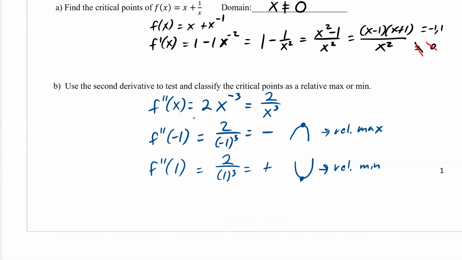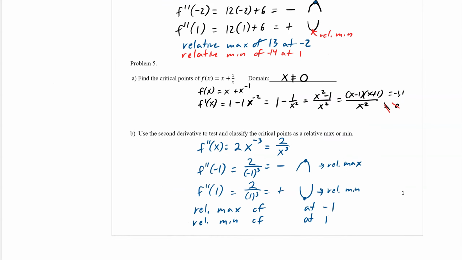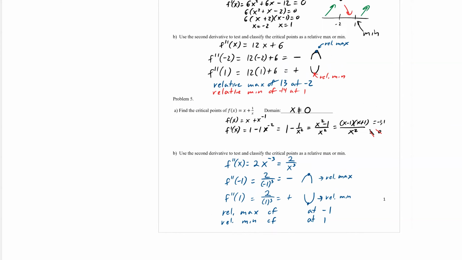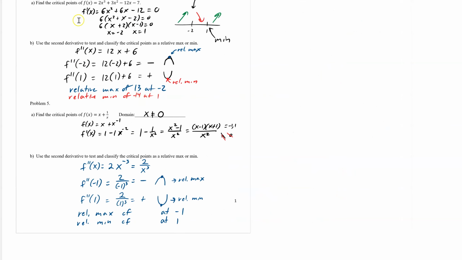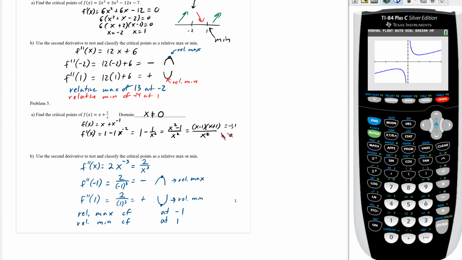And so that means we have a relative max of what at -1, and a relative min of, we don't know yet, at +1. So if we take those -1s and 1s and we plug them back into the original function, it will tell us our max and min. But we're just going to use the calculator by doing trace -1.